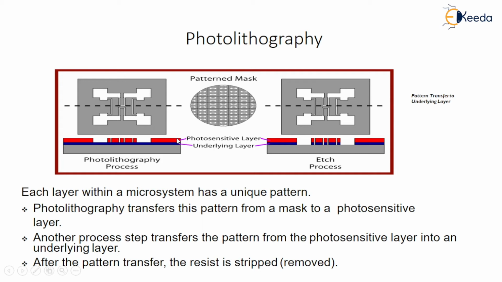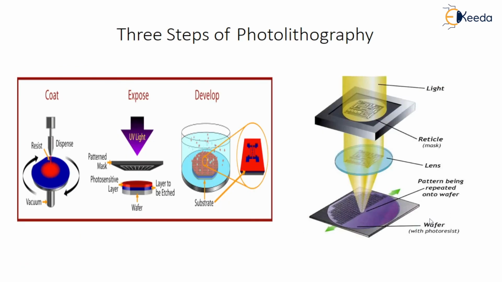After the patterns are transferred, the resist is stripped, or removed. So there are three steps: one is coat, another is expose, and third is develop. These are the main areas into which photolithography is divided.